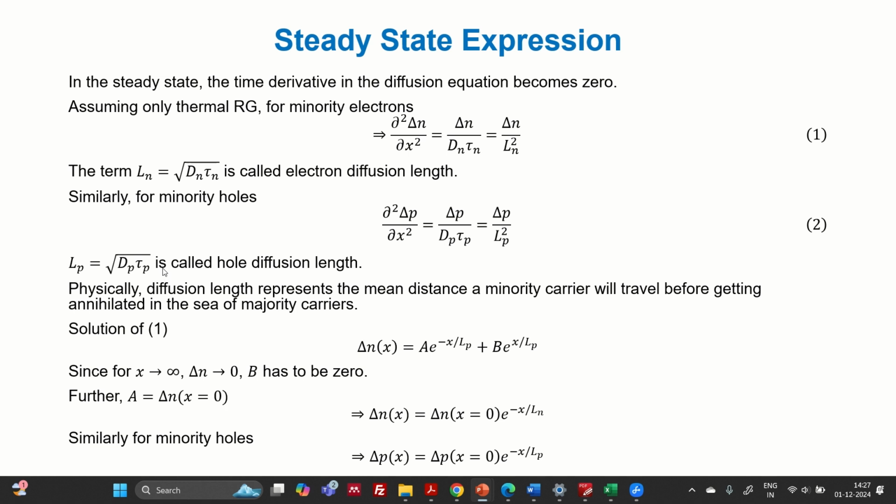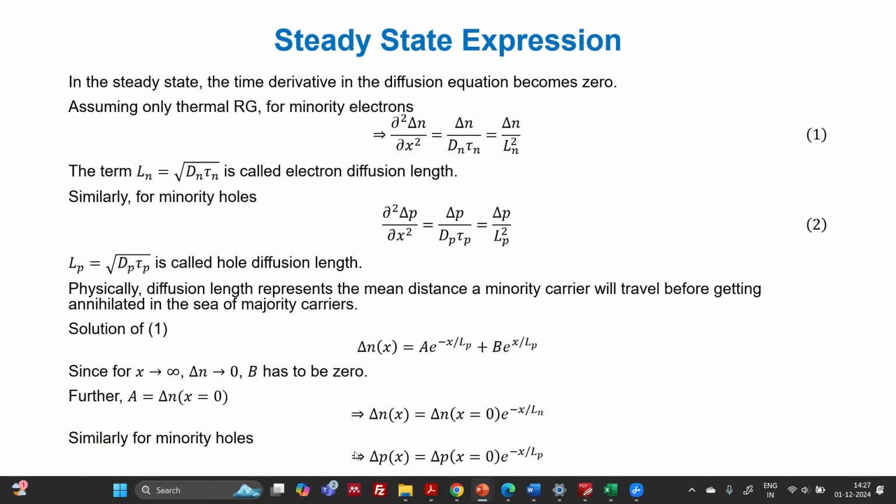If you know the hole mobility, which is around 450 centimeter square per volt second, for say 10 to the power 15 per centimeter cube doping, then you can calculate your Lp and plug in here. I'm not talking about a transistor, I'm simply talking about a semiconductor bar.